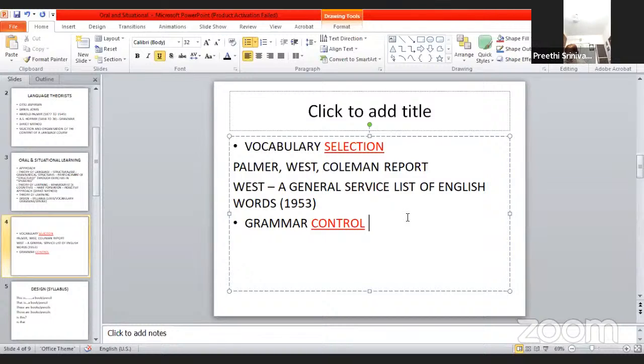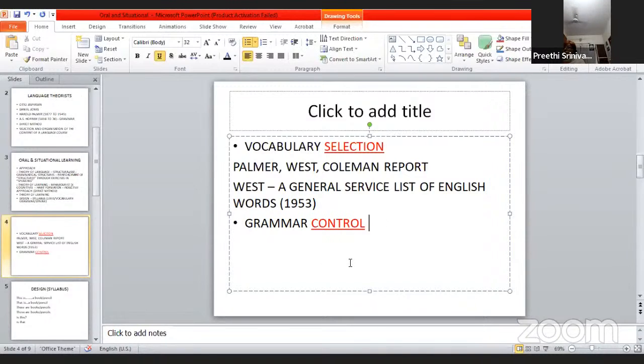Now, grammar. Palmer studied a lot the problems of grammar for the foreign learner, and much of his work was in Japan, where he directed the Institute for Research in English Language Teaching from 1922 to World War II. And here he worked on developing classroom procedures suited to teaching basic grammatical patterns through an oral approach.